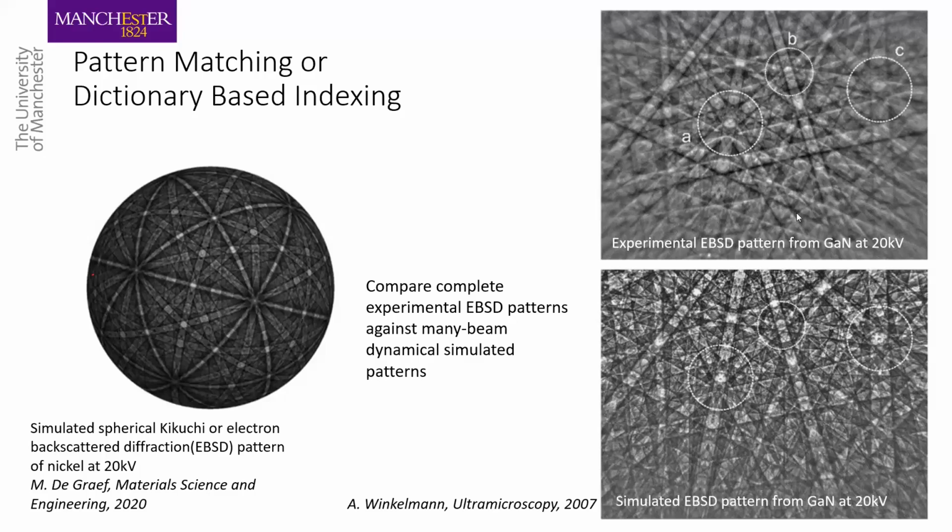You can see the similarities. So you can use this to get really high angular resolution EBSD analysis, and sometimes also extract more from a pattern if it's of poor quality.